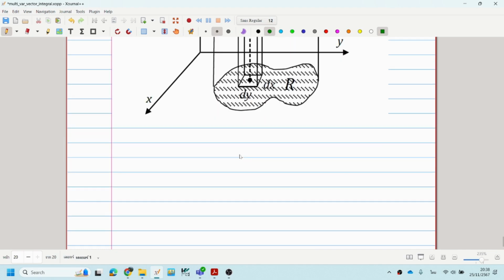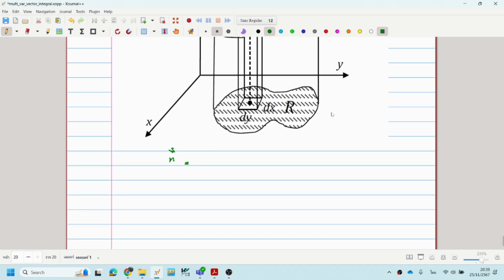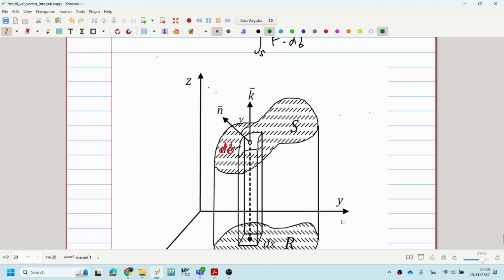Before you dive into more detail, I define n as a unit vector, and I have the surface in 3D space, right here in the picture. I define this surface with a multivariable function G of x, y, z equal to c.